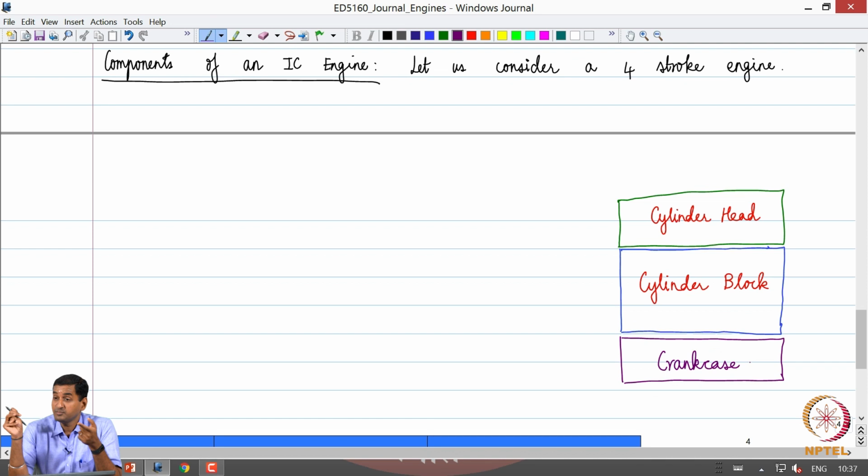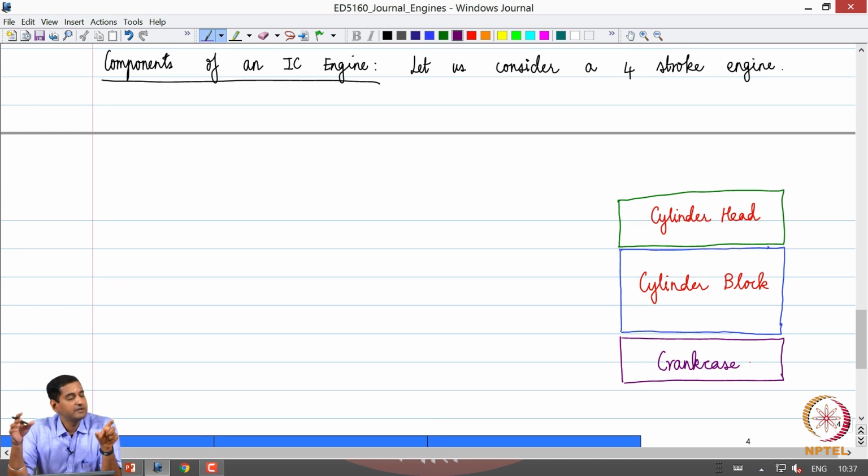Now the reciprocating motion of the piston is converted to a rotary motion of what is called a crankshaft, and then the crankshaft is connected to the clutch, the gearbox and the final drive and to the wheels. That is the path of energy transfer in a typical engine power transmission.